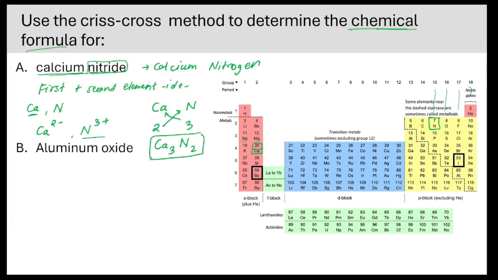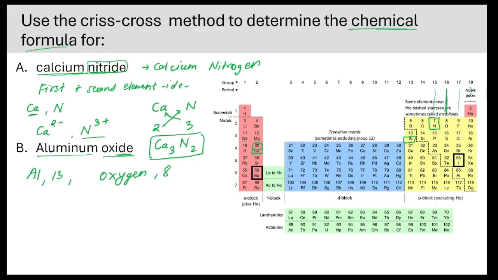Then let's look at another example, aluminium oxide. Again, this is the first element, so aluminium is here, atomic number 13. Then oxide, again this is the ide form, so this was changed from oxygen. Oxygen is 8.